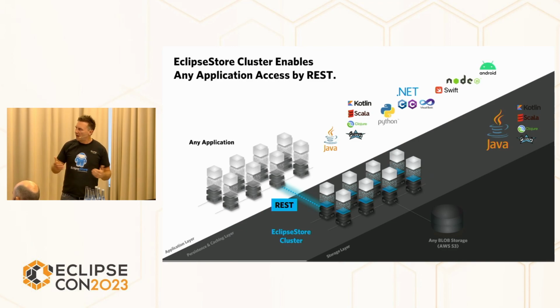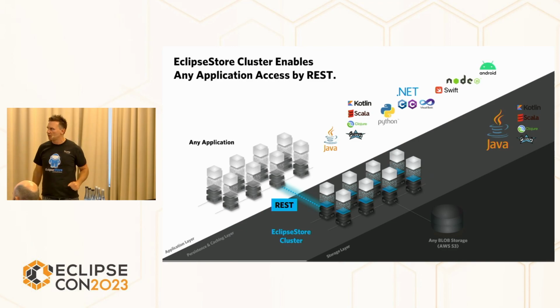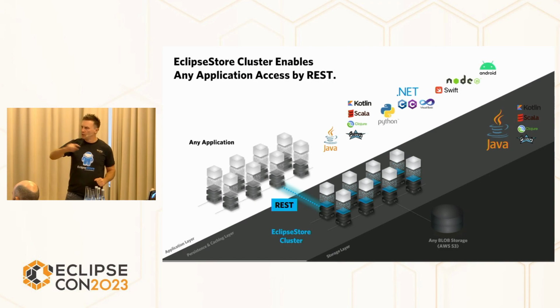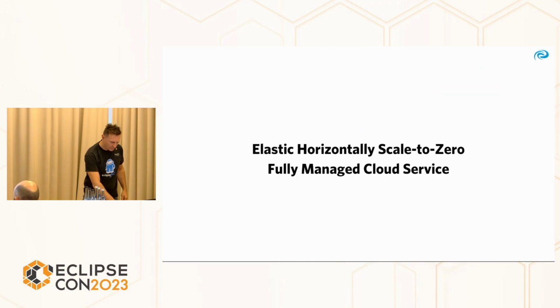So even if you have a Python application, you can query such an EclipseStore cluster. Who of you uses Python? No one. Great. So the end result is really a plain architecture and a super fast application.